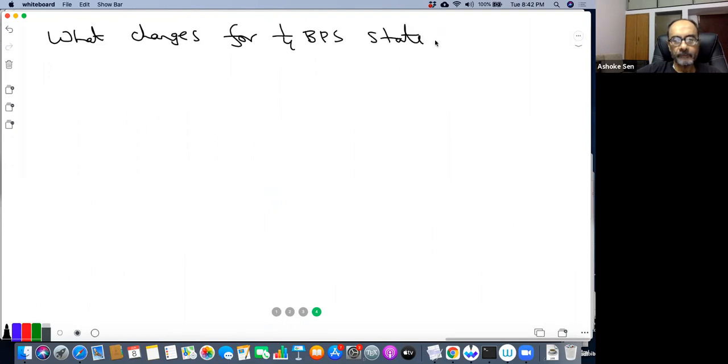Okay, now let's see what changes for BPS or quarter BPS states. So the main thing that changes is that 4 of the Q alphas actually annihilate all the states. 4 of the Q alphas are identically 0.